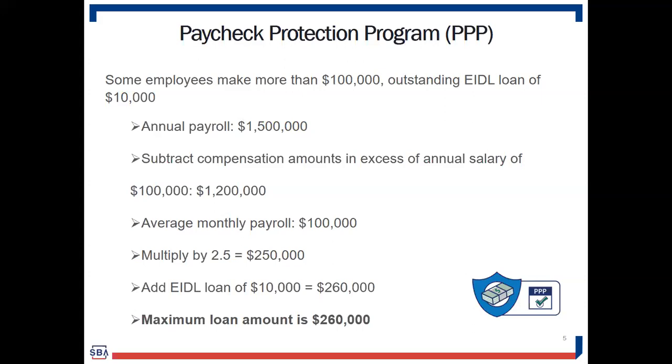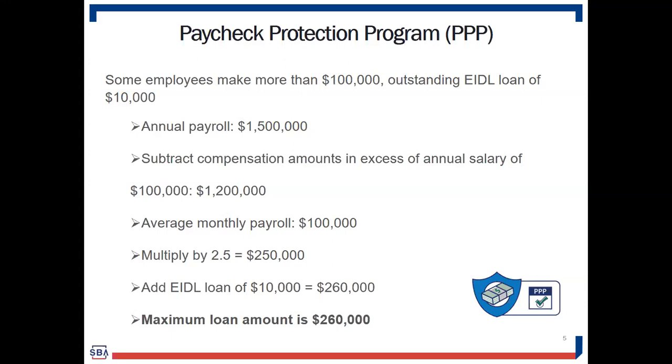So I've got an example of what this looks like in practice. I had 4 choices of examples. I didn't want to put a whole bunch of them out there, so I chose the one that was the most complex that I had. So in this particular example, you have an employer who has some employees that are making over $100,000, and an employer that got an EIDL loan and used some of the EIDL loan for payroll expenses.